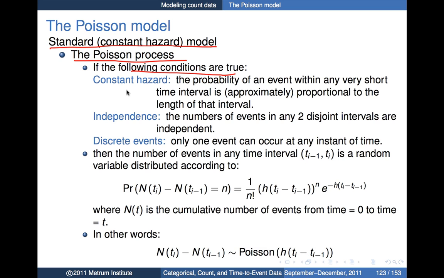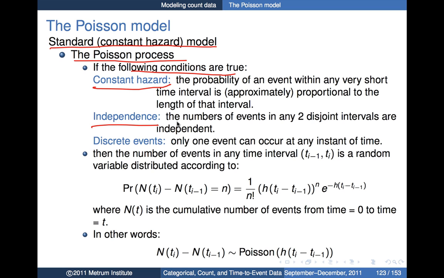One is constant hazard, and that basically says that the probability of an event within any very short time interval is approximately proportional to the length of that interval, and that essentially translates into the notion of constant hazard.